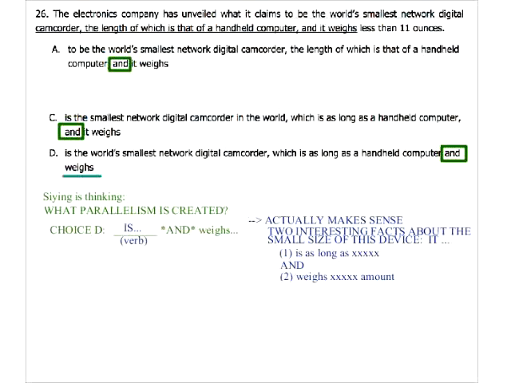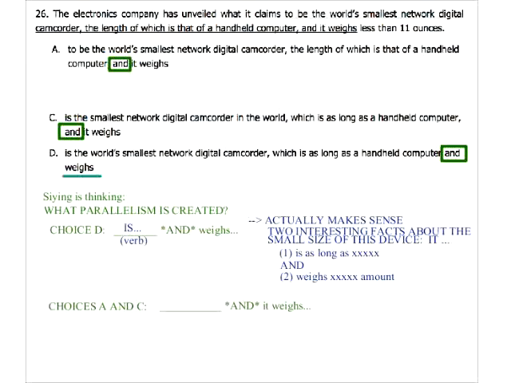Okay, now let's look at choices A and C. The parallelism in choices A and C is blah, blah, blah, and it weighs.